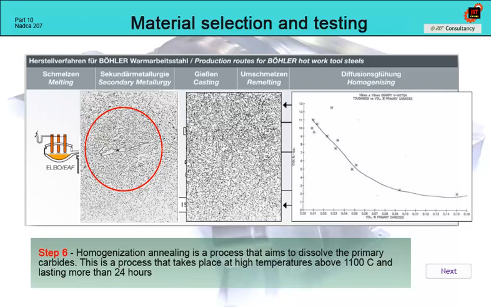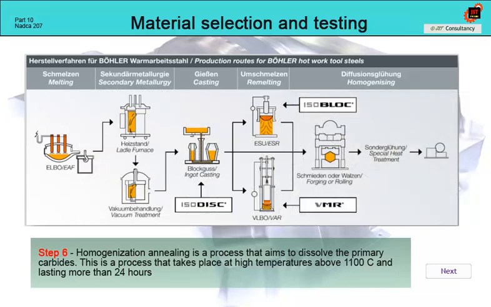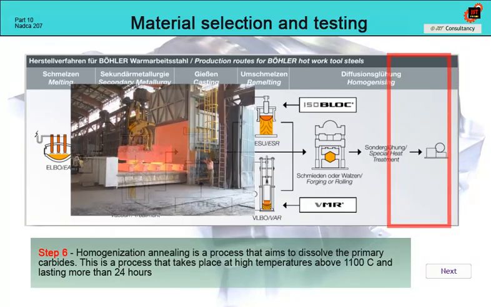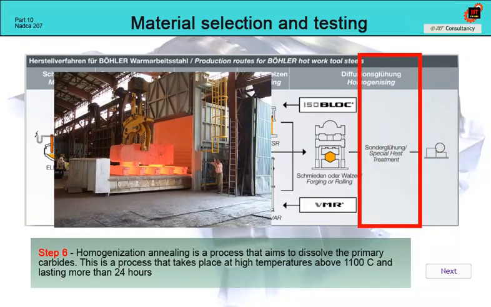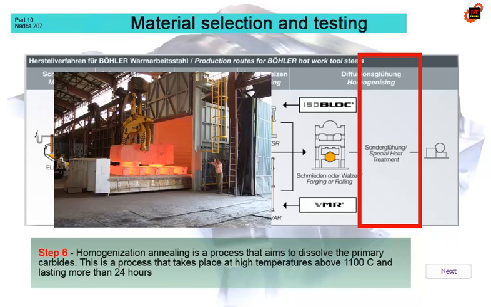Therefore, homogenization annealing is applied to the already forged material precisely for the purpose of dissolving and refining the primary carbides. This annealing takes place at high temperatures above 1,100 Celsius, and for a period of 24 hours or more.